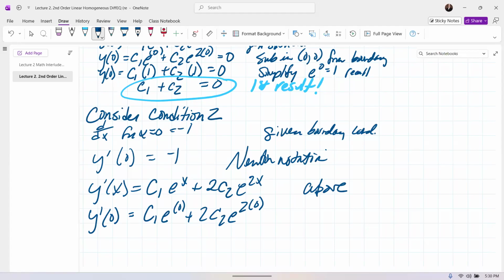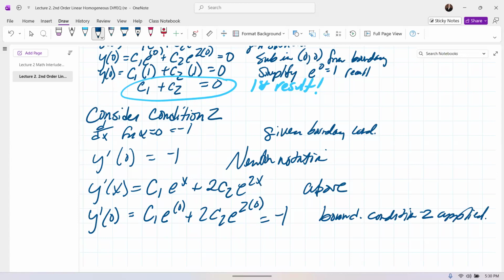And this equals -1. Why? Because it says y prime of 0 equals -1. Here's y prime of 0, with 0 substituted in where all the x's are, and here's -1. That's the answer. How did I know it? Well, it's the boundary condition. This is boundary condition 2 applied.